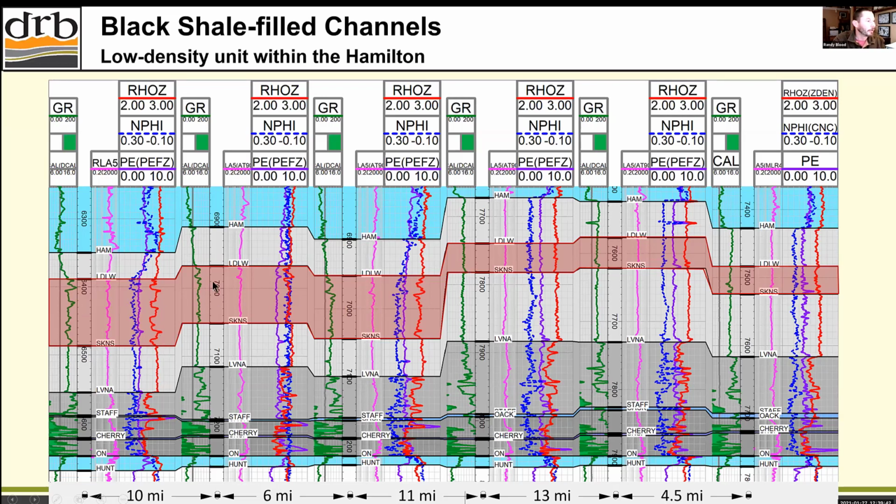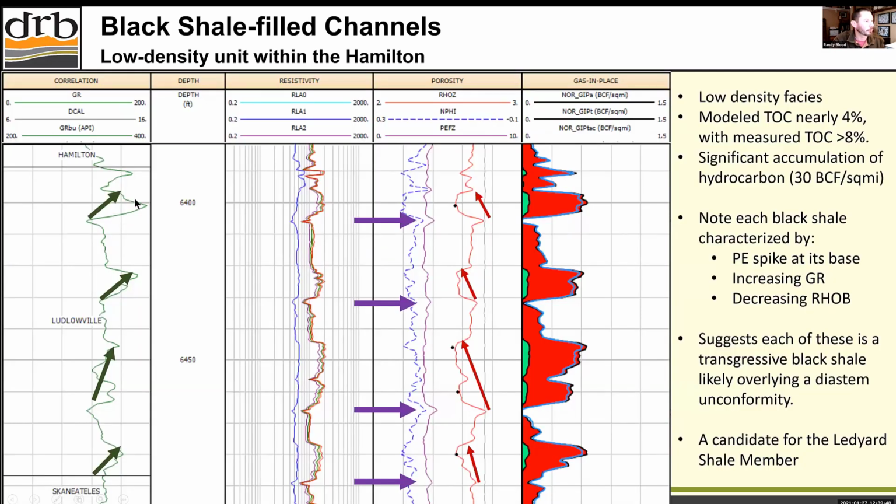If we look at the character of these, we see these gamma ray increases up through here, I would argue more like a transgressive signature. They often show a spike in PE at the base and then an upward decrease in density.